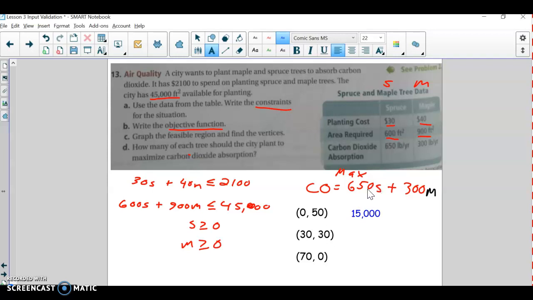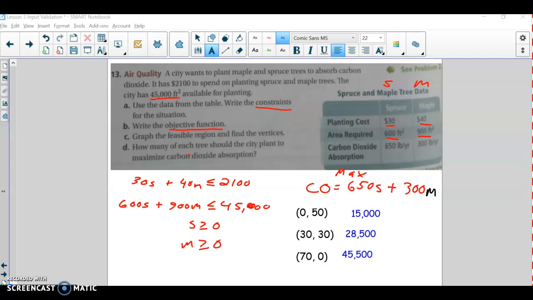Then 30 and 30, so I just need to take 650 times 30 plus 300 times 30. That gets 28,500. And then the last one is if I did all spruce trees and no maple trees, so it'd just be 650 times 70. And we can see that that comes out as the best option. That's the most CO2 getting absorbed out of the air.